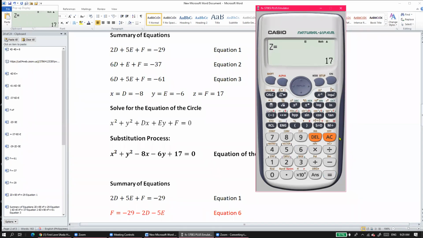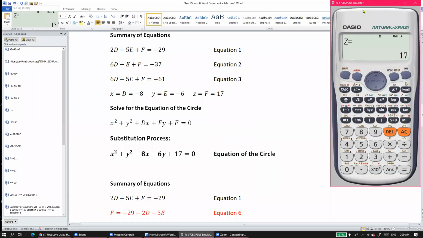Yan ang mga nahanap natin kanina, mga anak, no? So, try natin, no? Edit natin. How come? Parang hindi sila magkapareho dito ngayon. So, 2D.